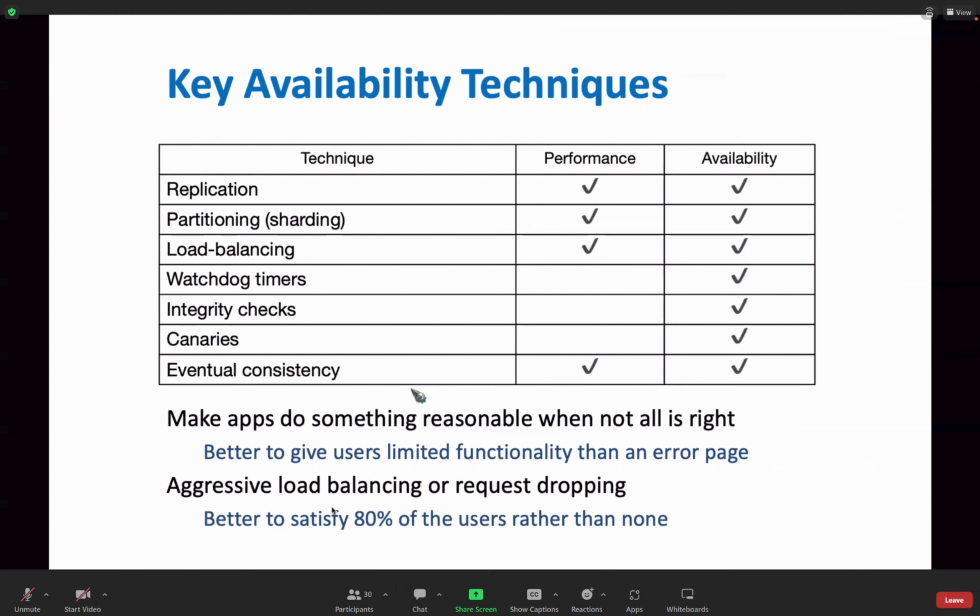Because of the request dropping, you cannot satisfy 100% of users, but it's still better to keep 80%, 70% of users satisfied, rather than try to make everyone happy and the system crashes and no one will be able to get the service, right? So these are really practical tips. In fact, this comes from an insider of the Google data center.